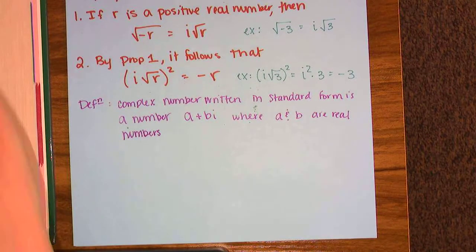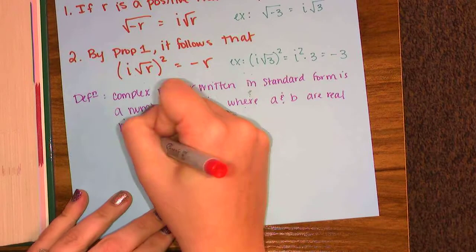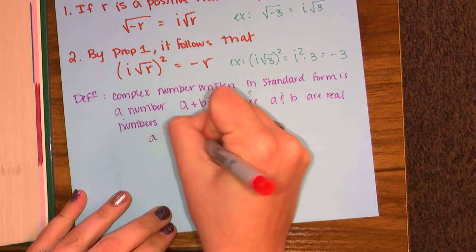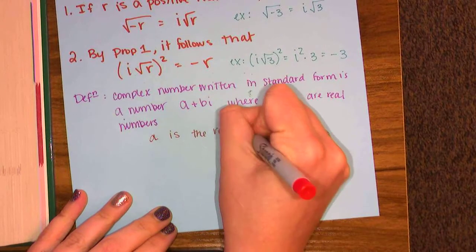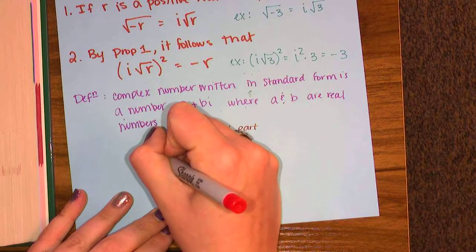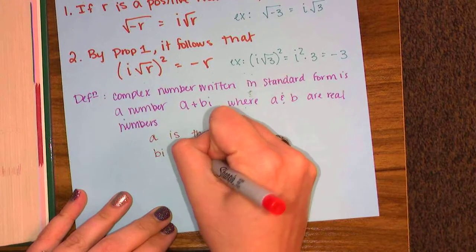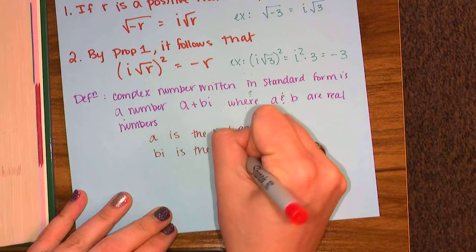Okay, and then a is the real part, bi is the imaginary part.